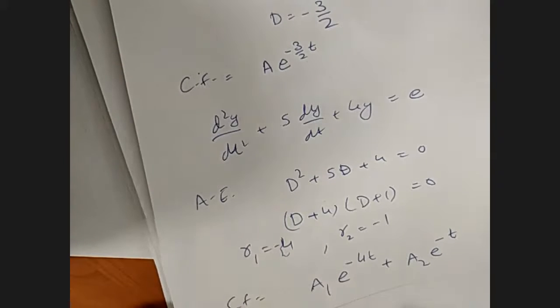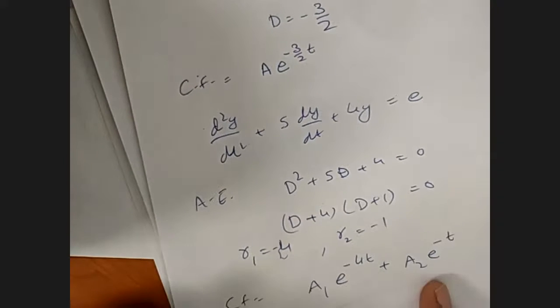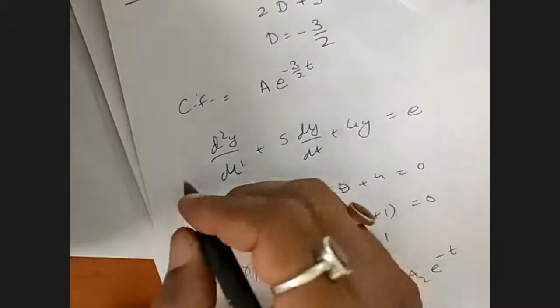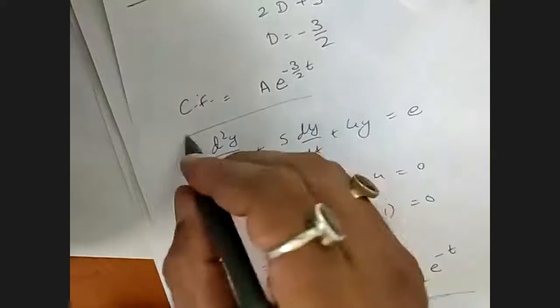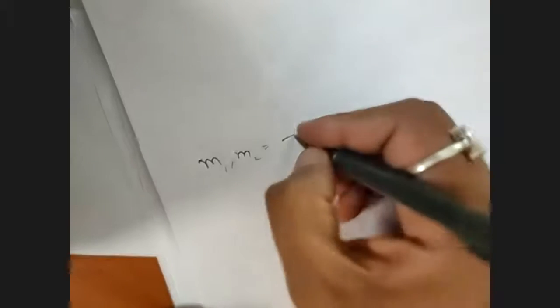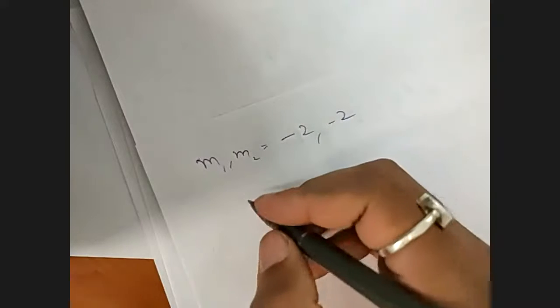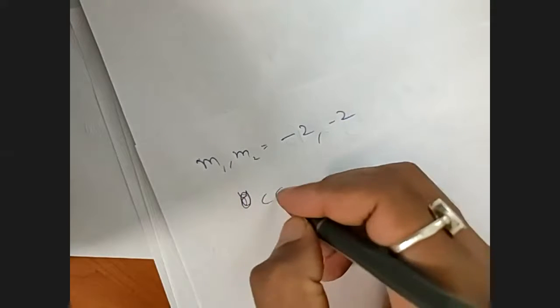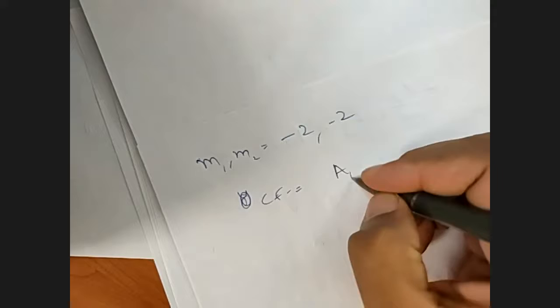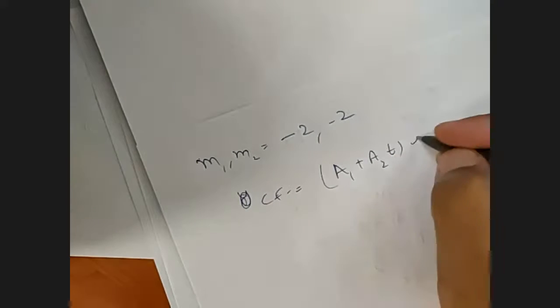We will get a1, a2 later, but this will be your CF for a second order differential equation, and this is for a first order differential equation. Now if you get m1, m2 as minus 2 and minus 2, that is, repeated roots, same roots, then your yc or complementary function will be (a1 plus a2t) e raised to power minus 2t.